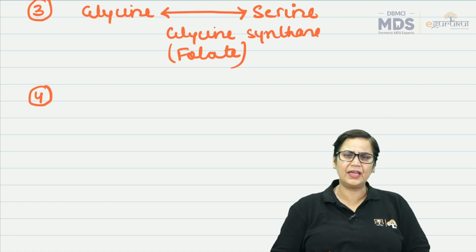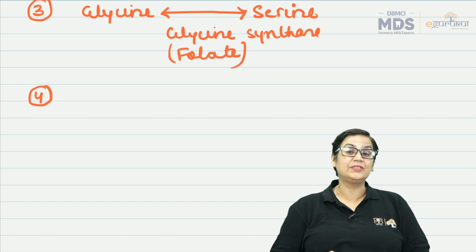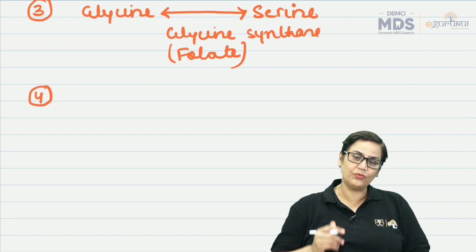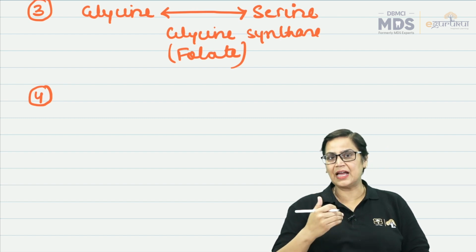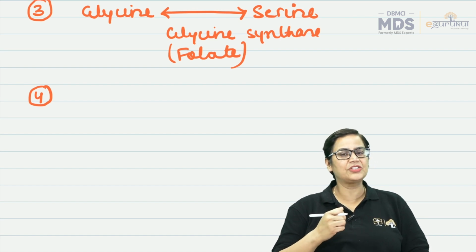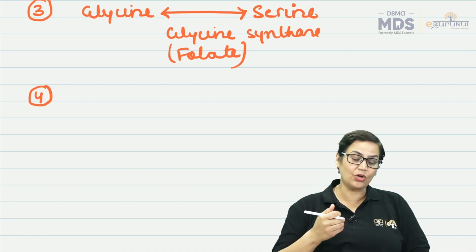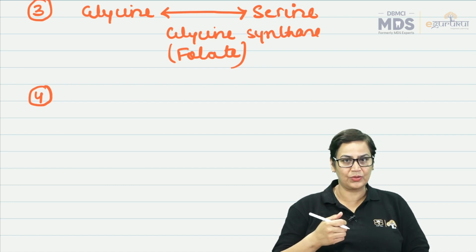This is a very important reaction because this is the only reaction which requires two vitamin B complex. One is B9 and the other is B12. So we will be discussing this reaction in B9 also, and we will be discussing the same reaction in B12, and you will see what is the main difference between the mode of action of B9 and B12.